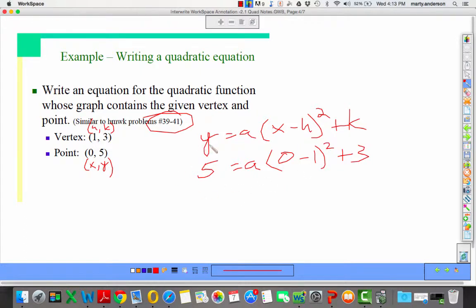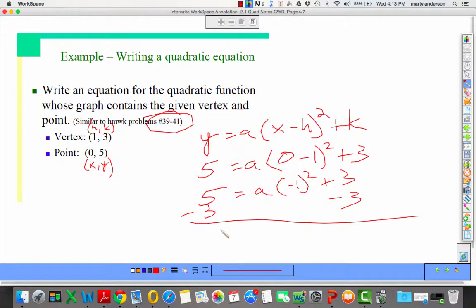So all I've done is plug, plug, plug, and plug. And when we solve this, 5 equals a times negative 1 squared plus 3, minus 3, minus 3, 2 equals a. Negative 1 squared is 1, so we don't have to really worry about that.